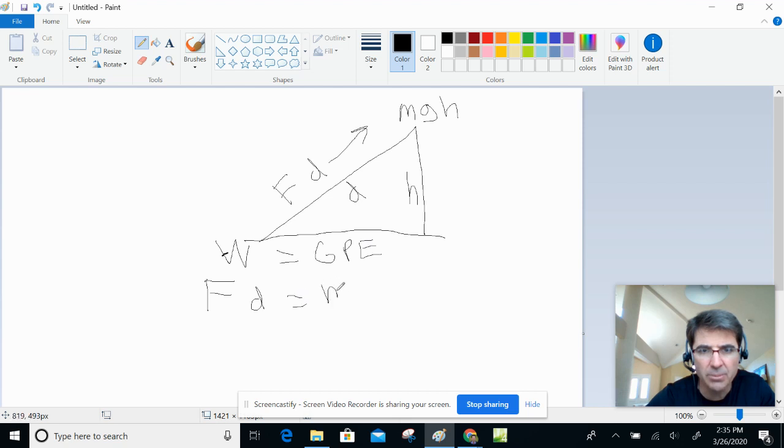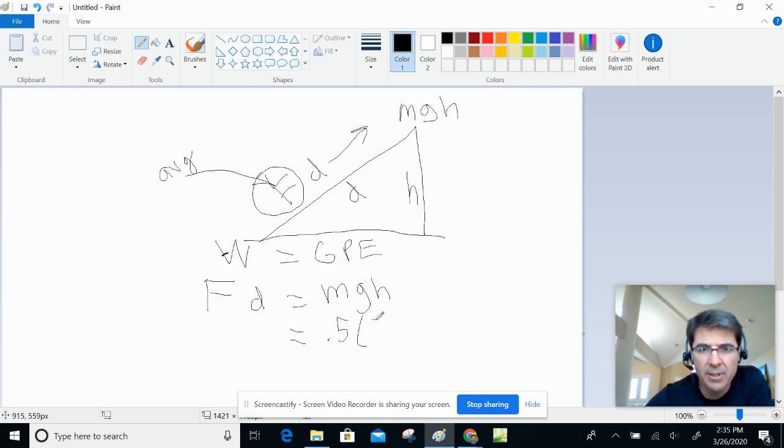So FD equals MGH, where F is the average force, basically saying that you're going to use a very smooth pushing motion up the hill, and that force is what we're looking for.